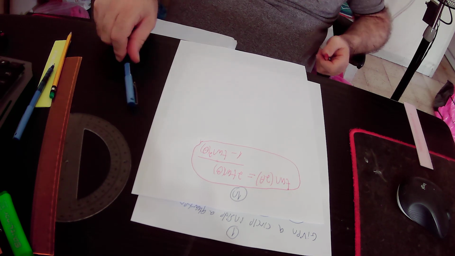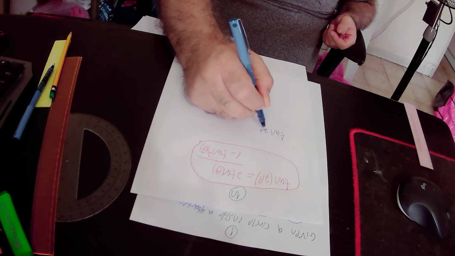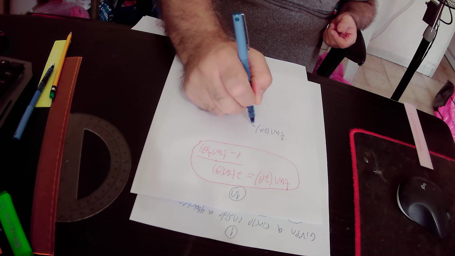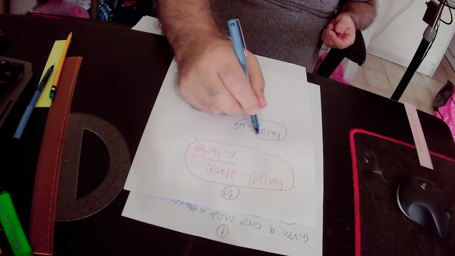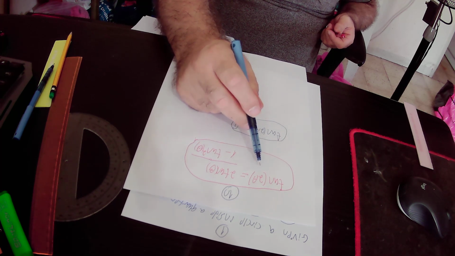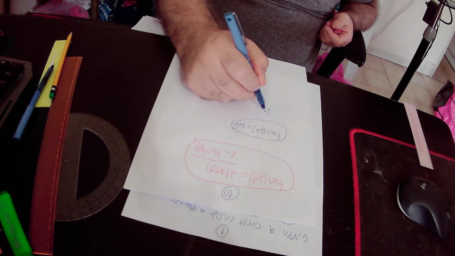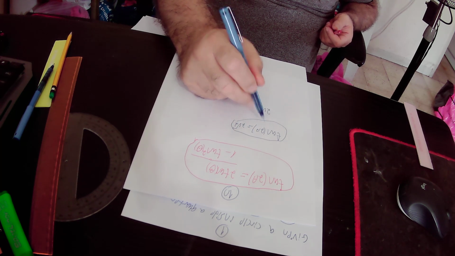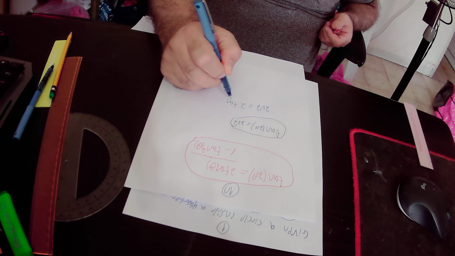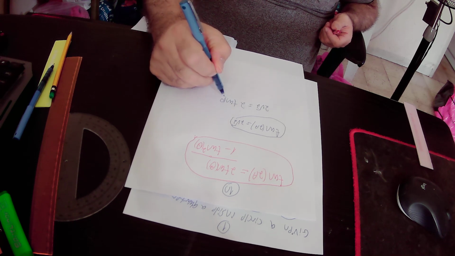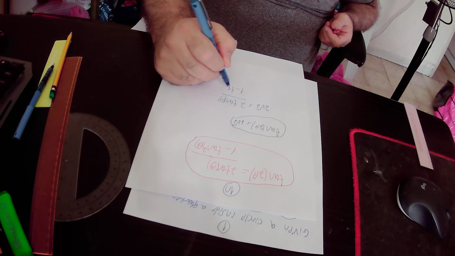We have already found out that tangent 2 theta equals 2 times root 2. So we will substitute tangent 2 theta in this trigonometric identity by 2 times root 2. So 2 times root 2 equals 2 times tangent theta over 1 minus tangent square theta.